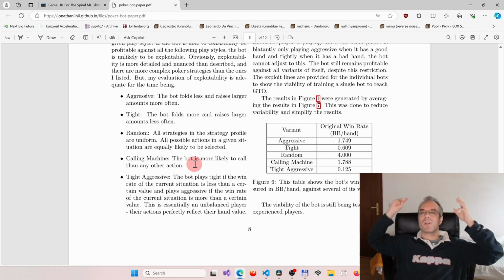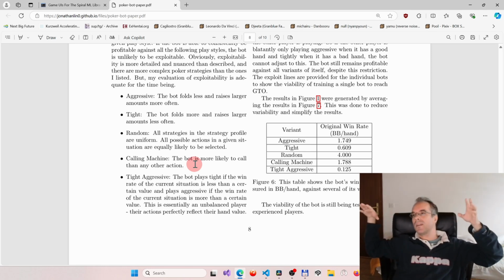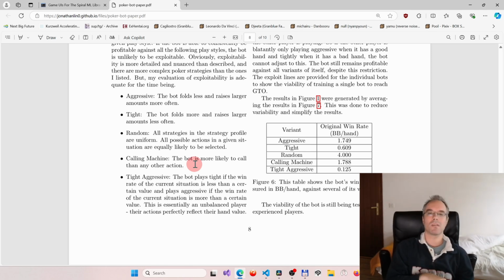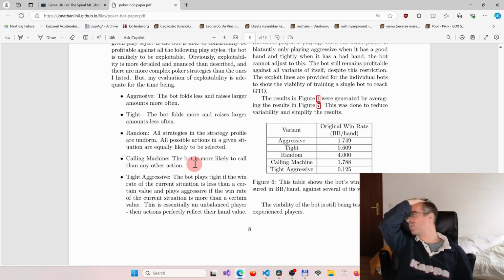If it knows how to read the board and it has a good hand, it will learn to bet aggressively, but otherwise it should just call. And that should give us something decent in the end. We don't actually need to complicate all of this so much. The point of this is not to make a bucketing scheme or anything like that, but simply get it to a point where we can see some actual improvement.